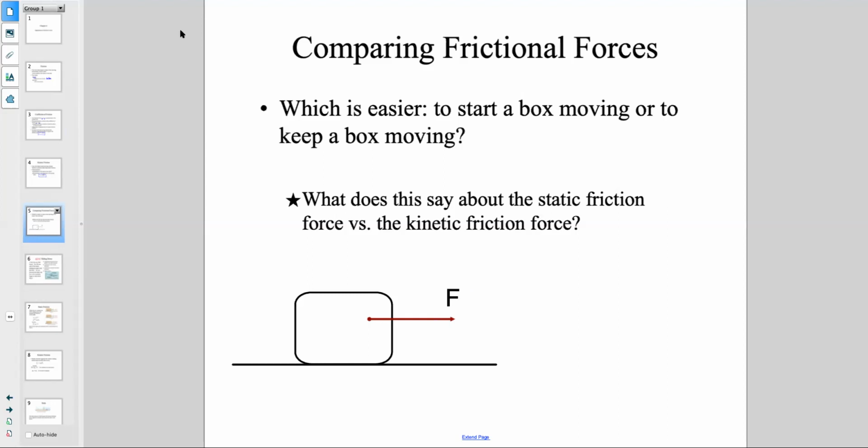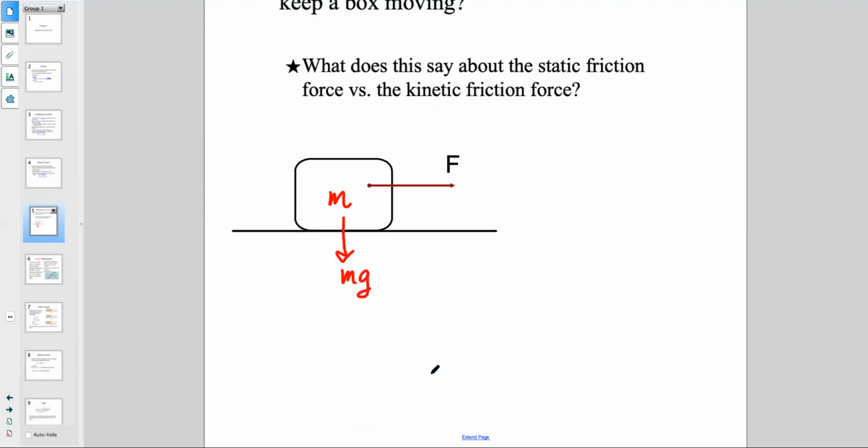And then what else do we have? The box mass is M. So I have M here, and we have mg down toward the center of the earth. It's the gravitational force that has been exerted on the object by gravity.